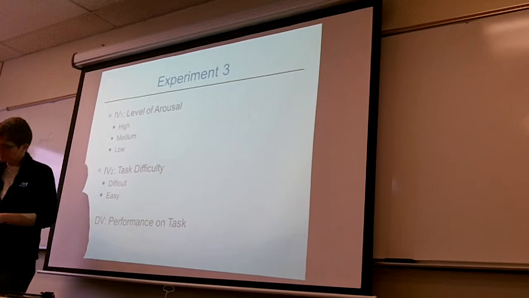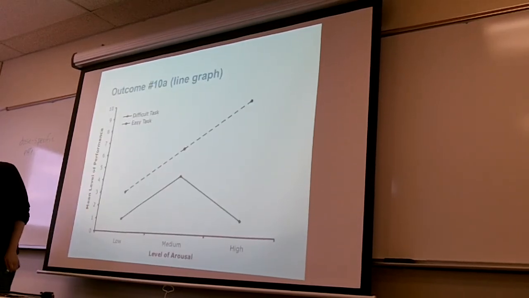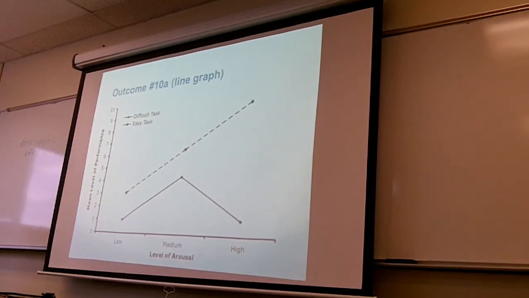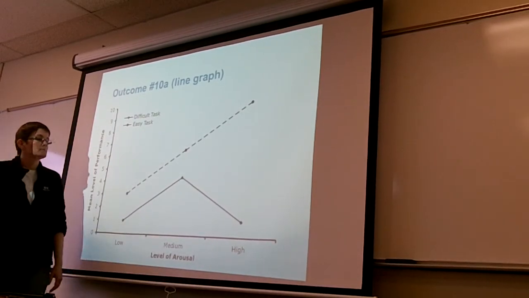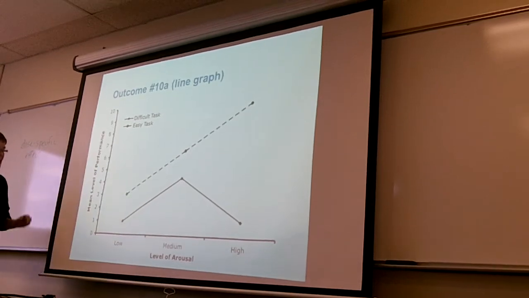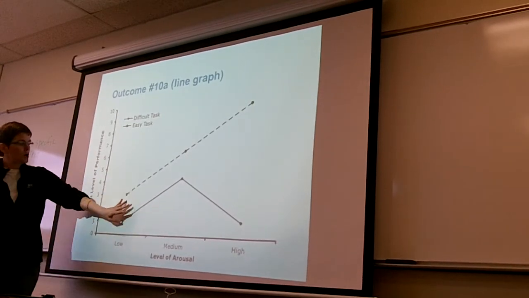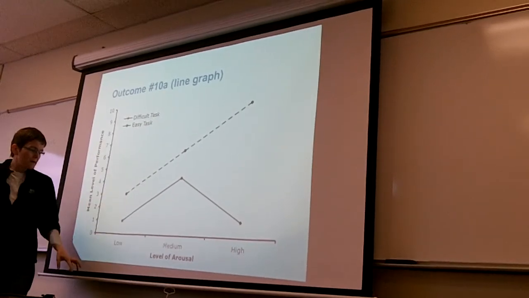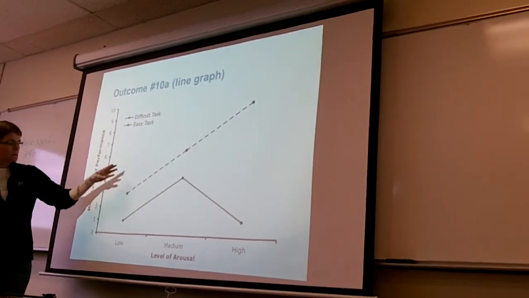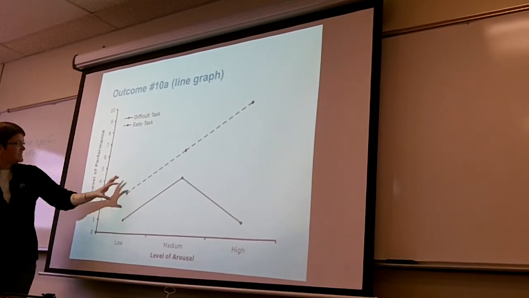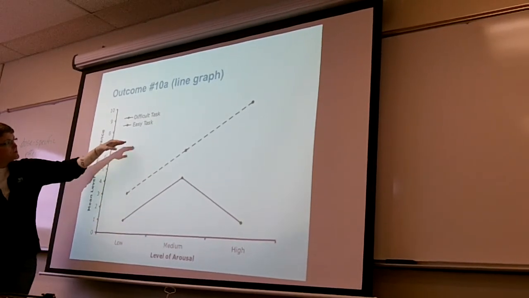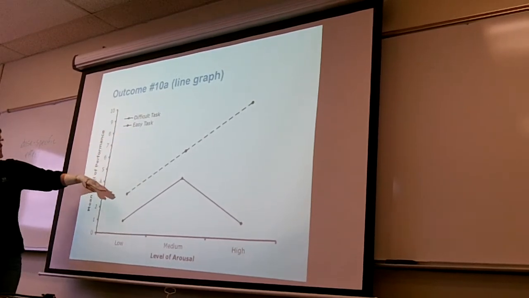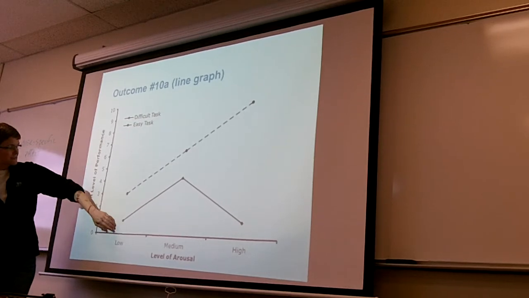And this is what really happens. Okay, we see a dose-specific effect. When people are at a low level of arousal, and it doesn't really matter whether their performance is okay, we do see that when the task is difficult, they do worse than when the task is easy.